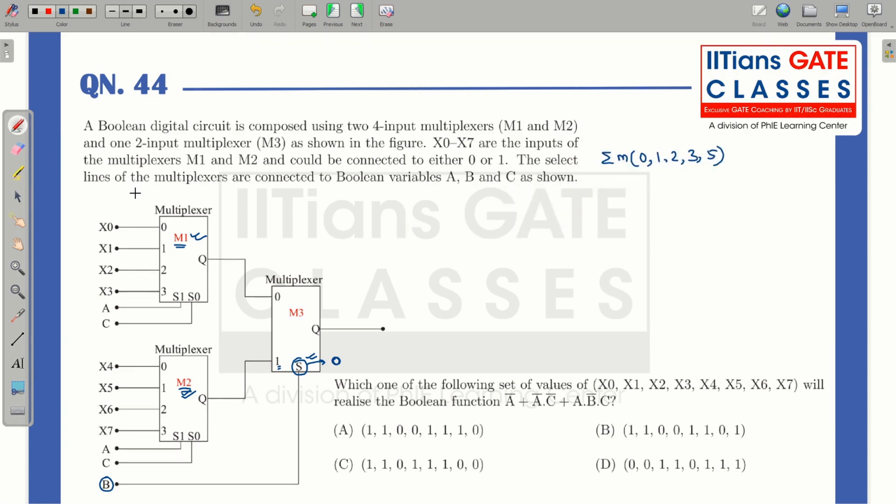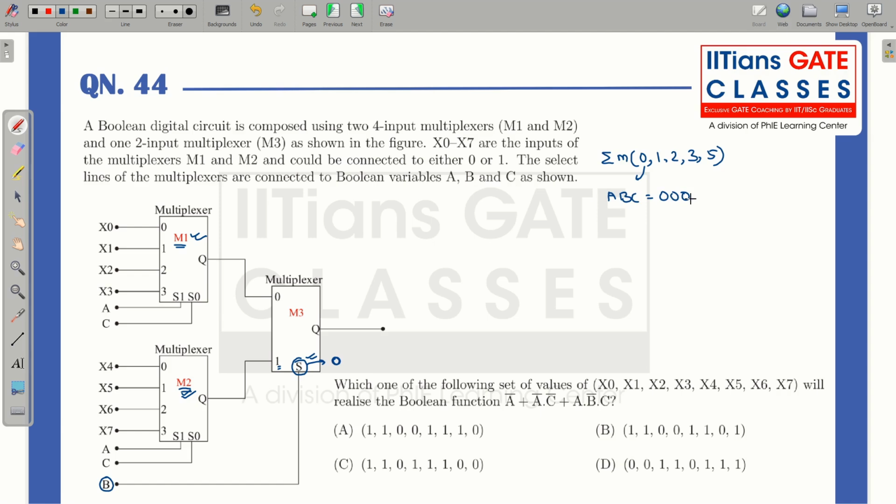So now we have to see basically from what possible combination of x0 to x7 will satisfy these minterms. Okay, so first let us check for this one. So 0 corresponds to what? See, the order is for ABC, so this is 0, 0, 0.